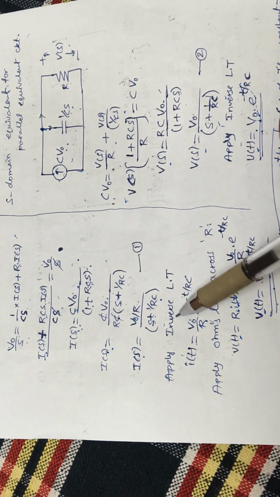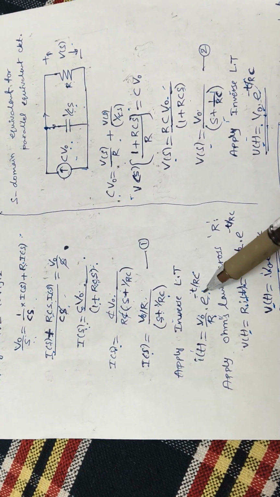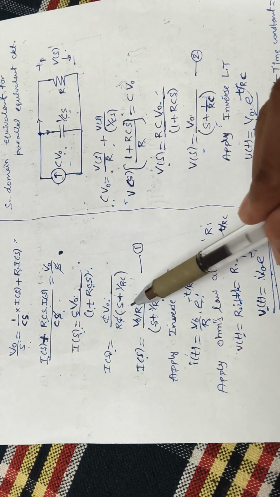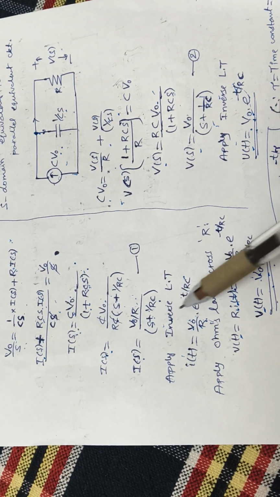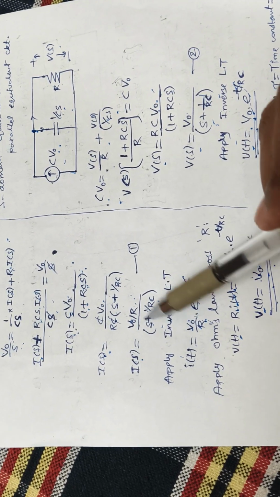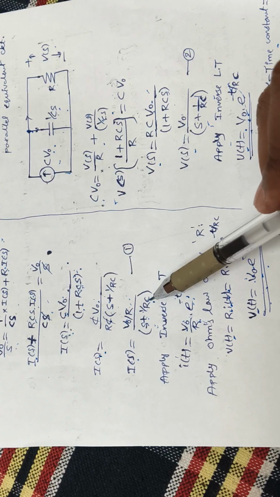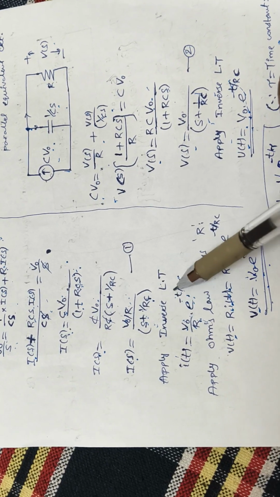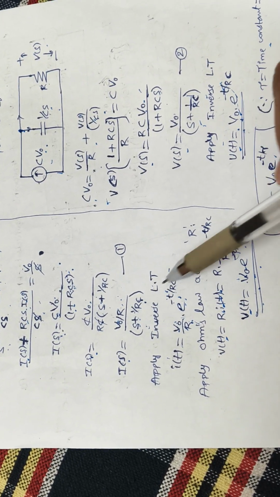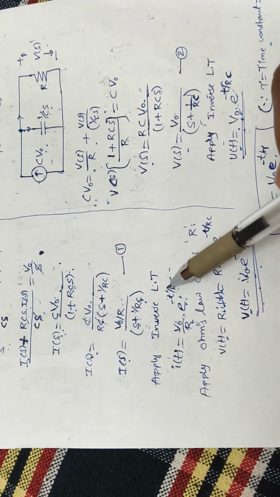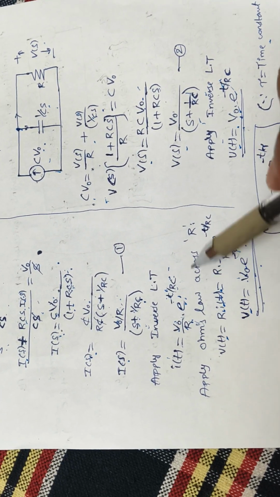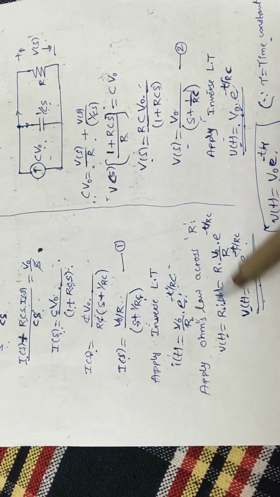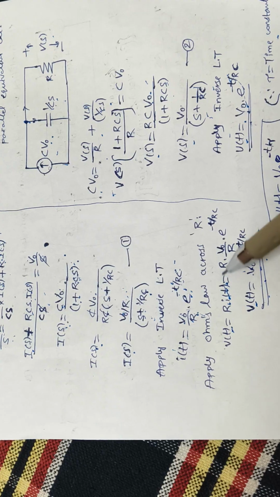Now apply the inverse Laplace transform. V0 by R is a constant, and when you have 1 by s plus a, the inverse Laplace transform is e power minus at. Here a is 1 by RC, so we get e power minus 1 by RC into t. Apply Ohm's law to get the voltage across the resistor: v of t is equal to R into i of t.